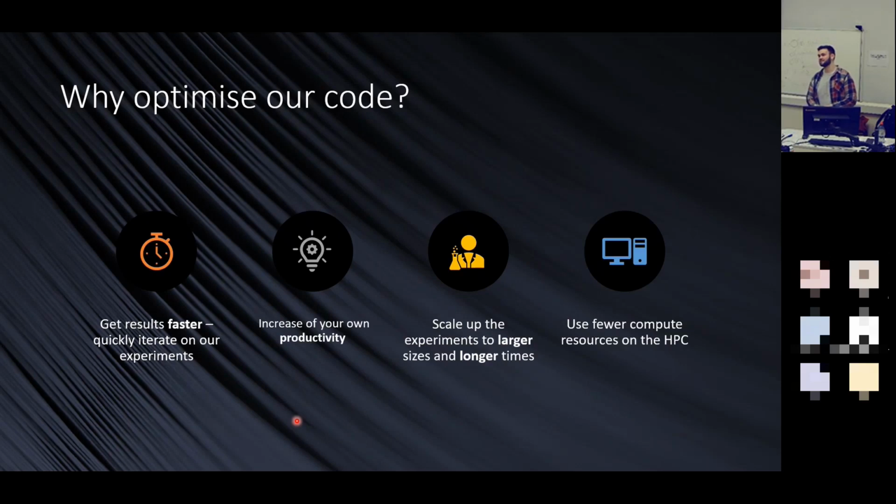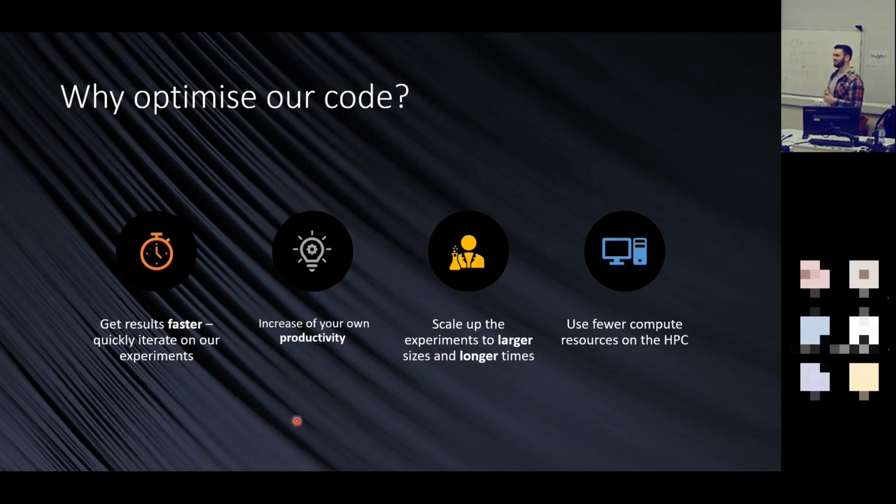Also, one big one is you can use fewer compute resources. If your code is 1,000 times slower than it could be, then you're ending up using 1,000 times more resources, more money, more energy, everything. So often, if your code is running for weeks and weeks at a time, it's really worth spending a few days just trying to optimize the code so it will run in a day or 2 days.